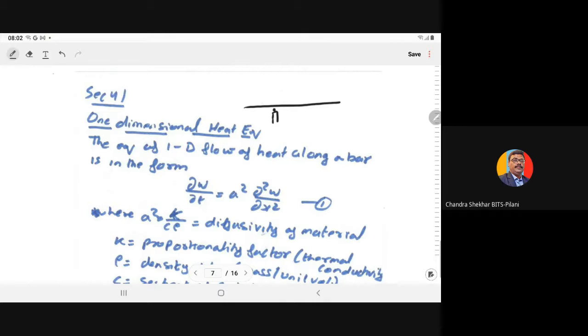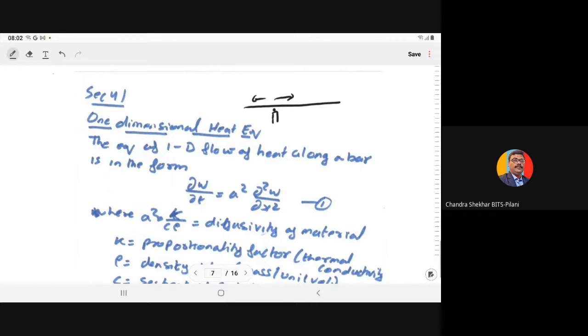After some time the whole rod or bar will become of uniform temperature, right? This means the heat will flow from high temperature to low temperature, and after some time the whole rod will be at a steady temperature.